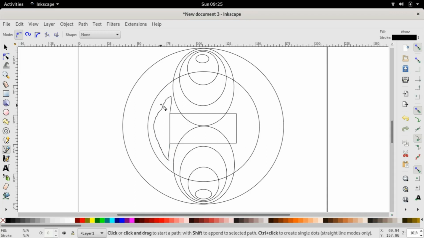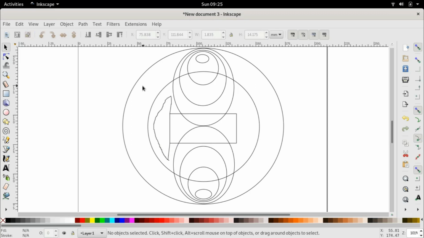This should actually be a perfect semicircle, which it is not. But let's just assume that this is one. So I'm just going to copy this over, and let me flip it, and let me move it over here.